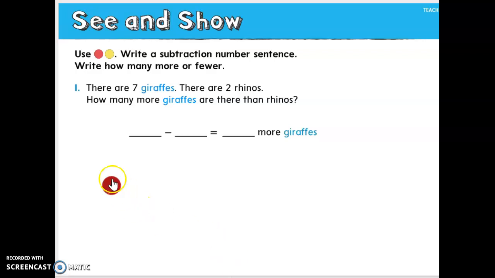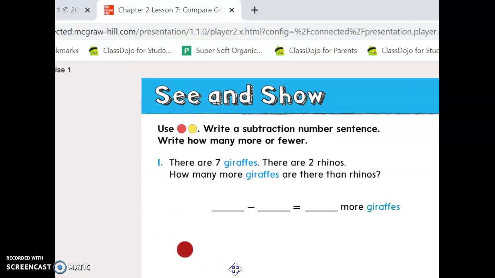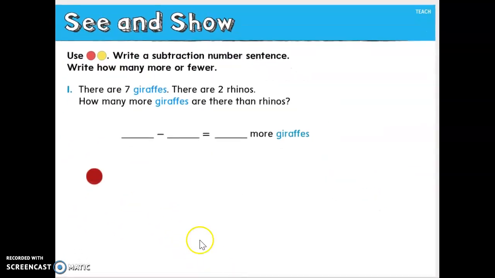So I think I'm going to use my red ones to show 7. So go ahead, and if you have those dots with you, you can go ahead and take them out. And these are going to represent your 7 giraffes. 4, 5, 6, and 7.